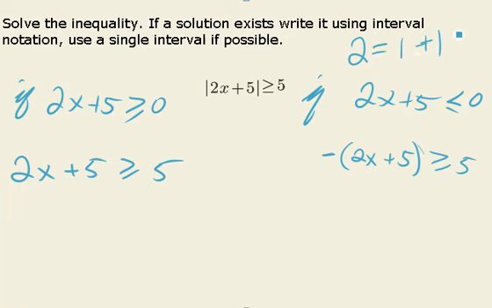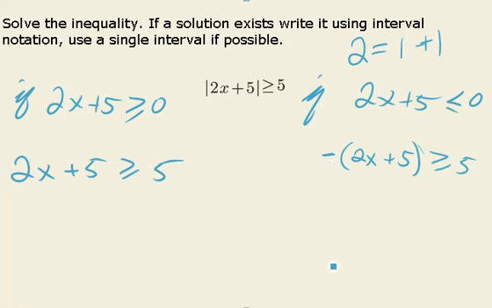I'm not adding 1 to both sides of anything. I just rewrote the way that I'm representing 2. Similar here. I'm not multiplying both sides of anything by a negative. I'm just rewriting the way that I'm representing this absolute value sign. Okay?